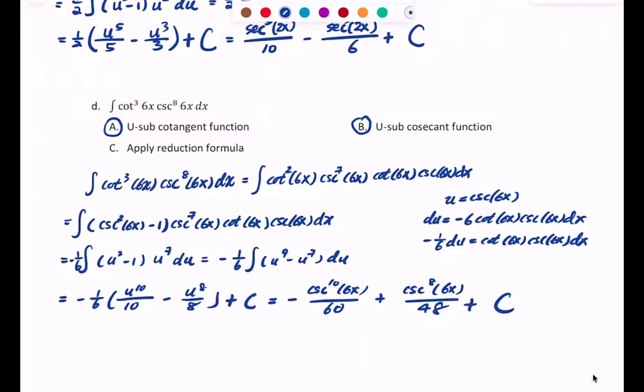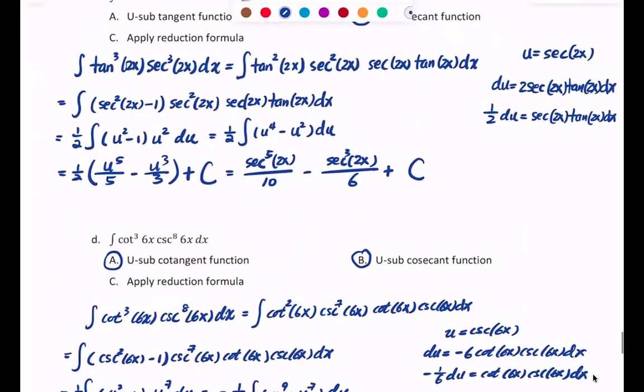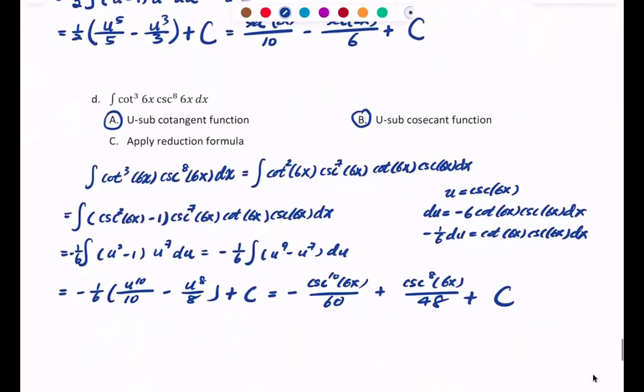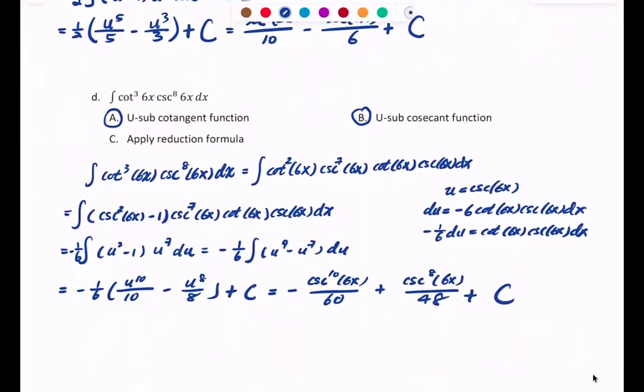So to you, maybe these two are two different problems. But for your teacher, because it's the exact same strategy, it will be considered the same type of problem.